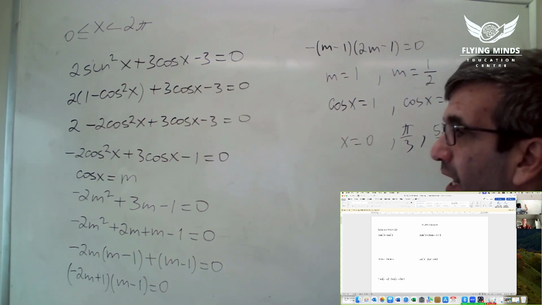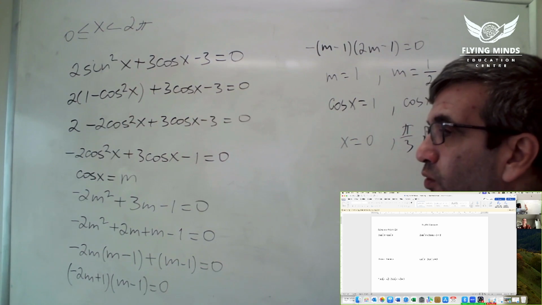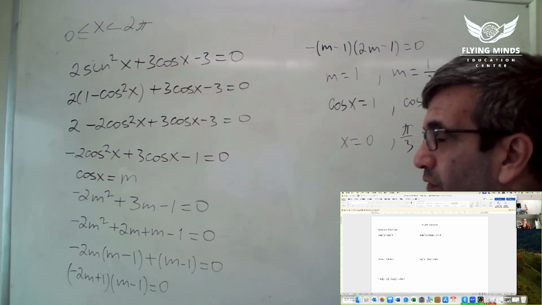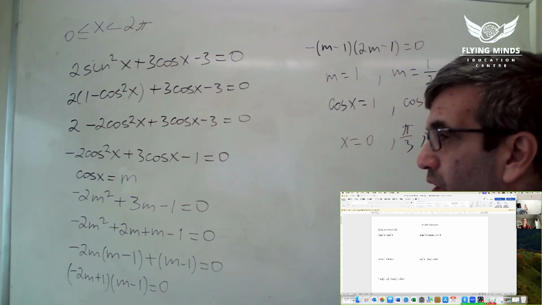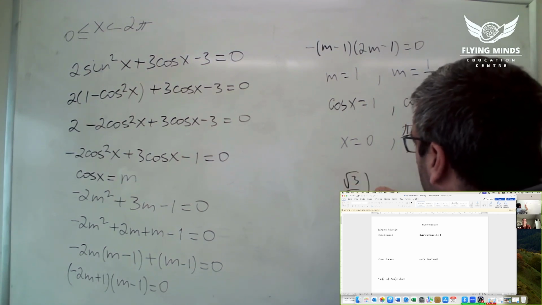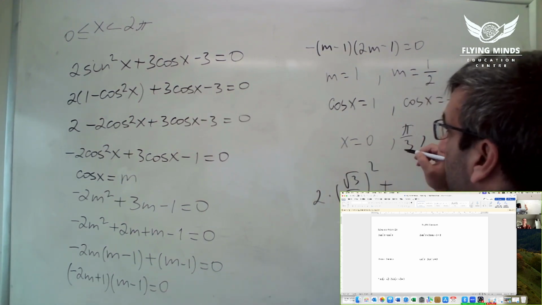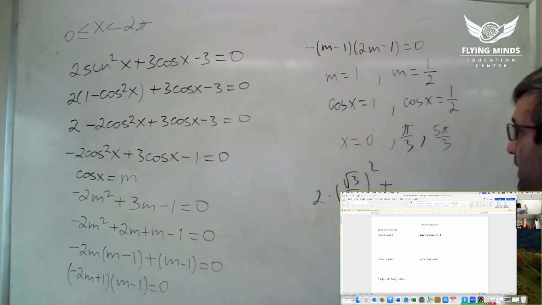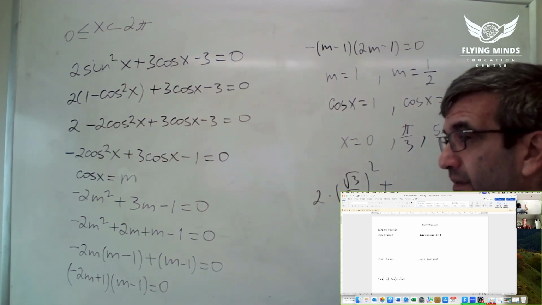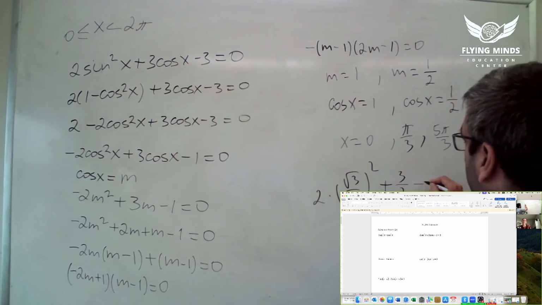Pi over 3. So sine of pi over 3 is, what is it? Square root of 3 over 2, right? Square root of 3 over 2 squared times 2, plus cosine of pi over 3 is half, so it will be times 3, so it will be 3 over 2 minus 3.